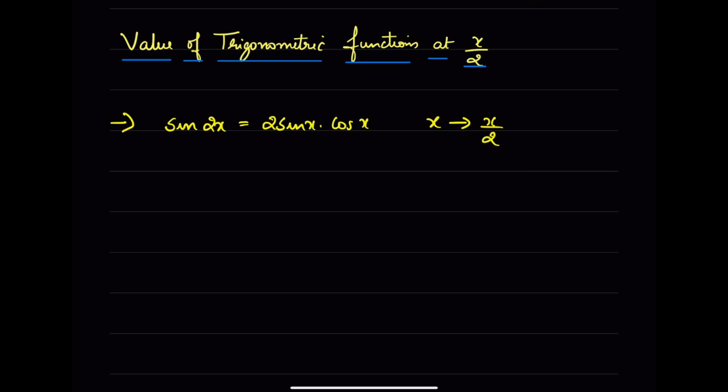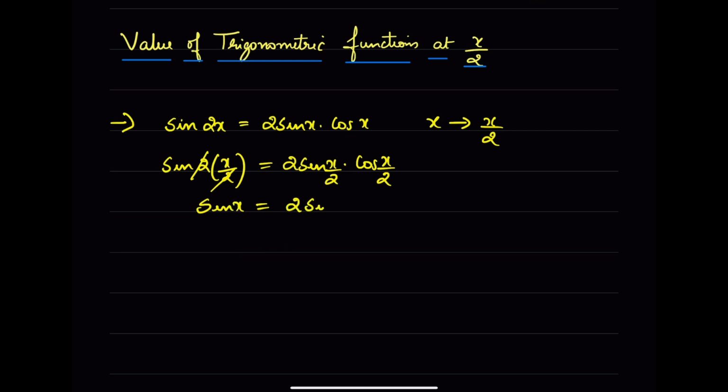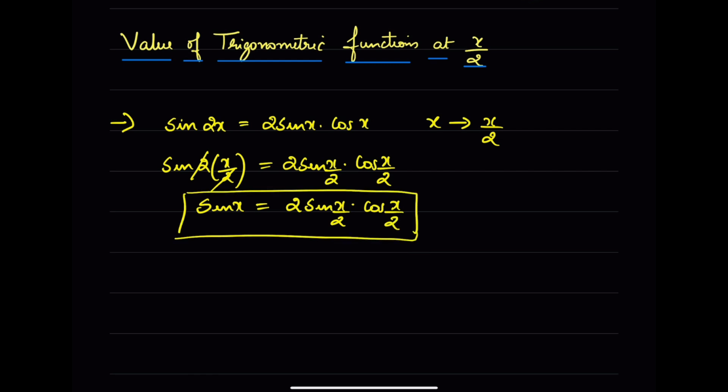That is all we have to do. So in that case, what we would have is sin of 2 times x by 2 is equal to 2 times sin x by 2 times cos of x by 2. So we can cancel out the 2 here. So sin x is nothing but 2 sin x by 2 times cos of x by 2. So this is your first formula for sin x at x by 2.